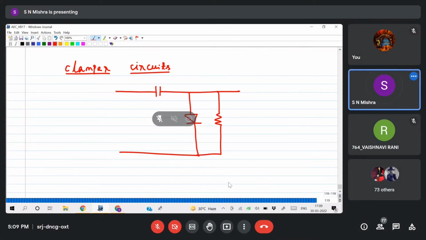Parallel to the diode. This is a circuit. Here I'll give input and here I'll take output.